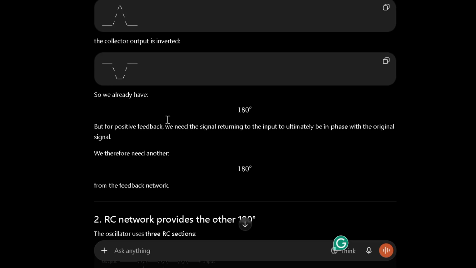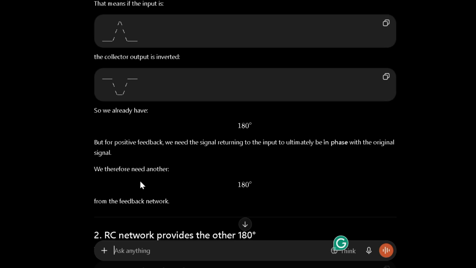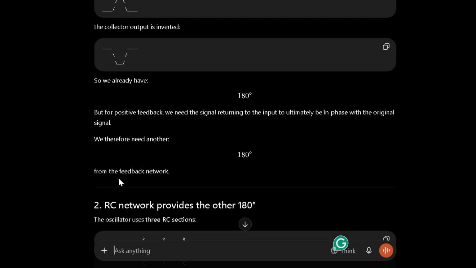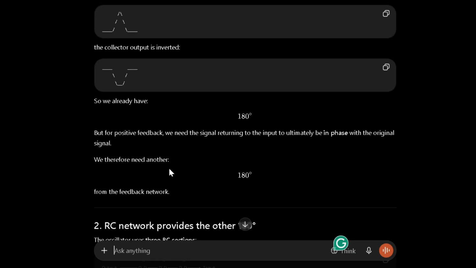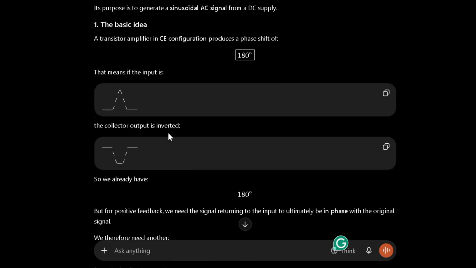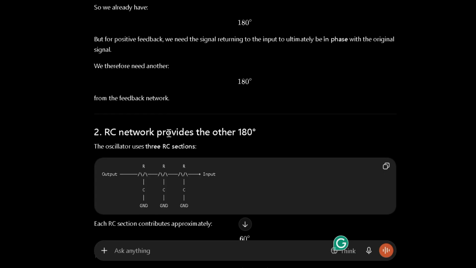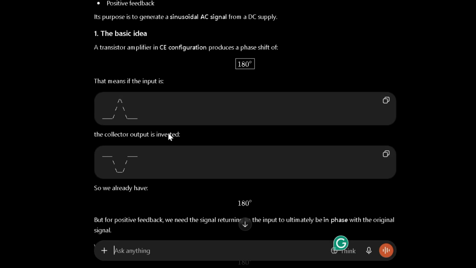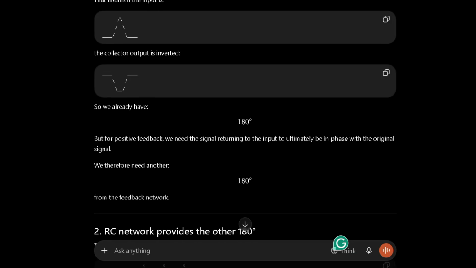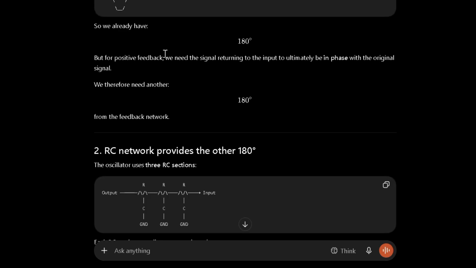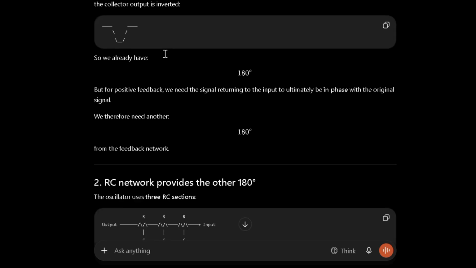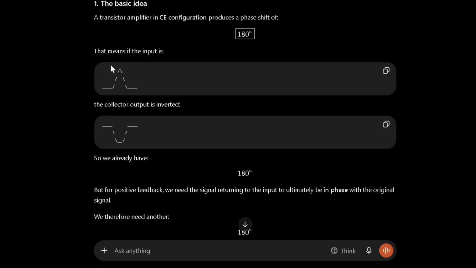But for positive feedback, we need the signal returning to the input to ultimately be in phase with the original signal. We therefore need another 180 degrees from the feedback network. So the collector output is inverted. But my doubt is, if this is the input, the collector output is inverted.